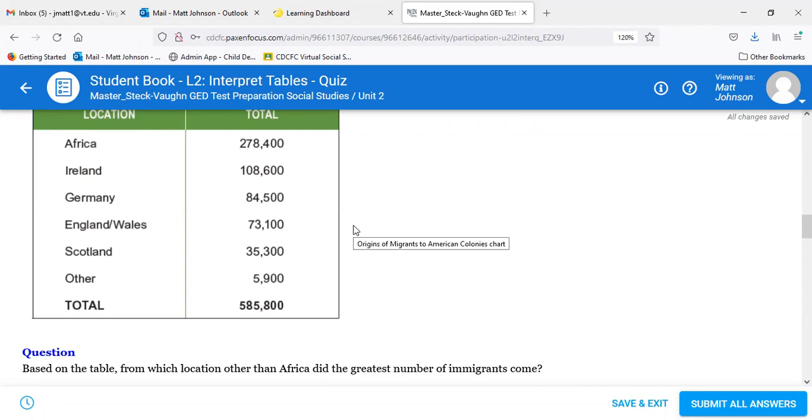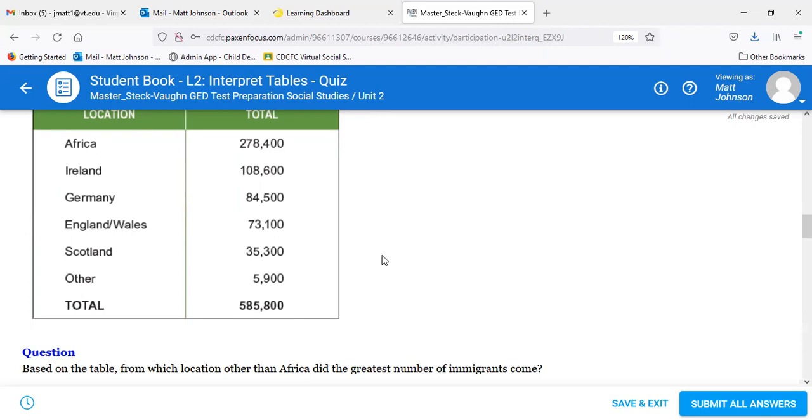From Scotland, 35,300. And then our other category, which is fairly small, is 5,900. So a total migration of 585,800 from 1700 to 1750. So in about 50 years' time, the population increased from migration in the American colonies to 585,800.